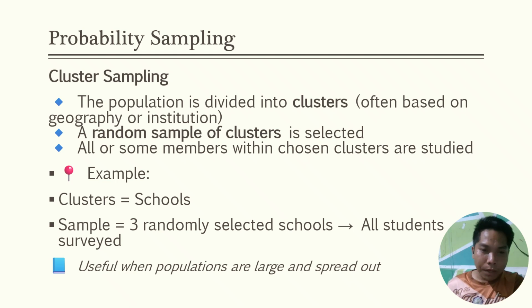You also have cluster sampling technique under probability sampling. Instead of selecting individuals directly, we select groups or clusters. A typical example is choosing schools as clusters. You might randomly select 3 schools and survey all the students in each.